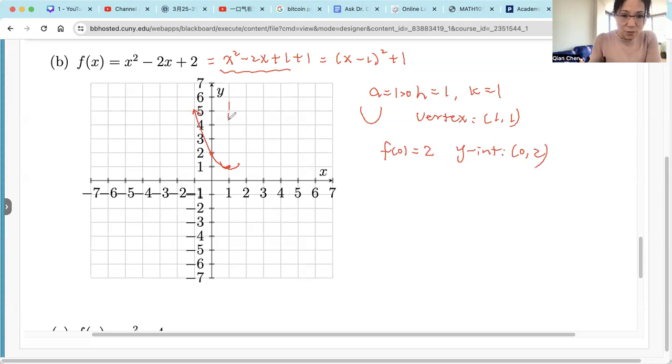So the line of symmetry goes through the vertex. So x equals 1 is the line of symmetry. So that means I have a point here too. That's the graph. No x-intercept again, because the graph will never cross the x-axis. No x-intercept.